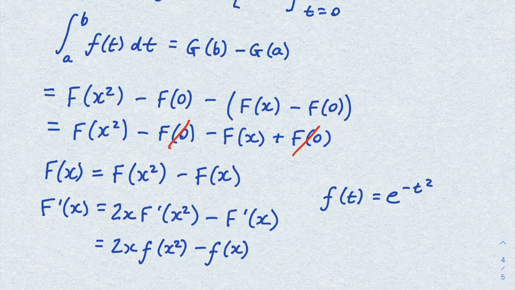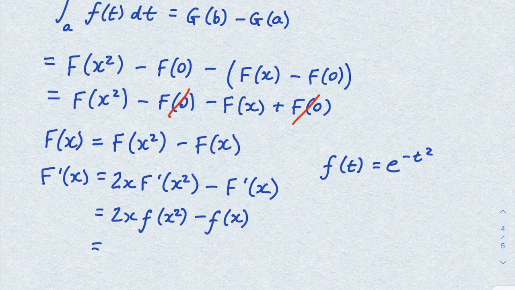And then we can just substitute in x squared and x. So we're going to get that this is equal to 2x e to the power of minus x to the power 4, and then this is minus e to the minus x squared. And that is the derivative of uppercase F for this question.